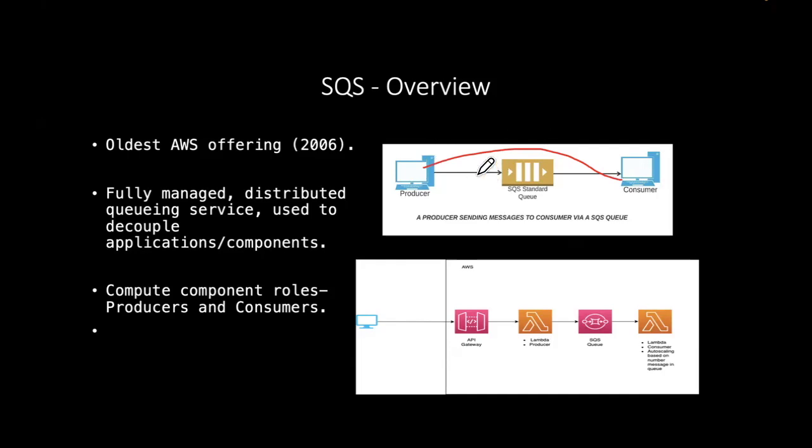And so what AWS decided was, let's make a messaging service available so that, rather than having a synchronous connection, this application can write messages to this queue, and this application can read messages from that queue. So we decouple them.